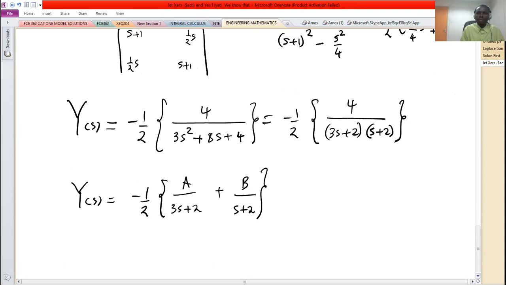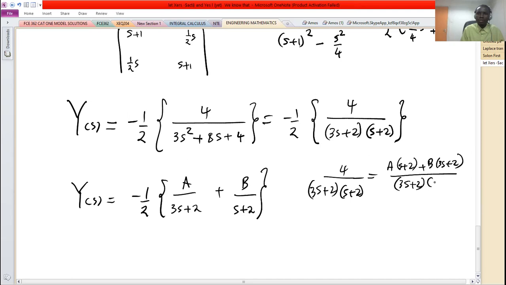so remember this part is the same as 4 over s, 3s plus 2, and then s plus 2 equals A into s plus 2 plus B into 3s plus 2 divided by 3s plus 2 into s plus 2.